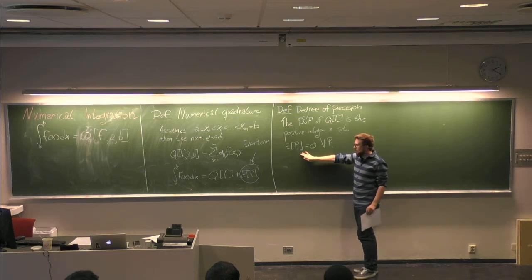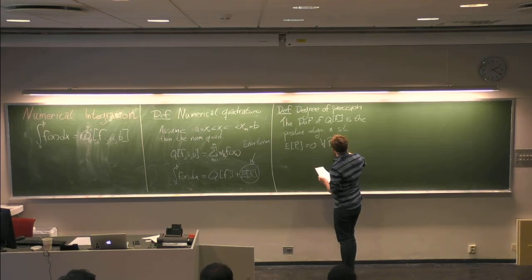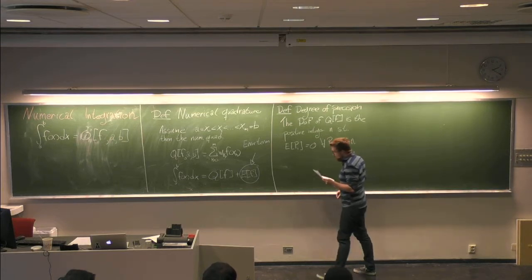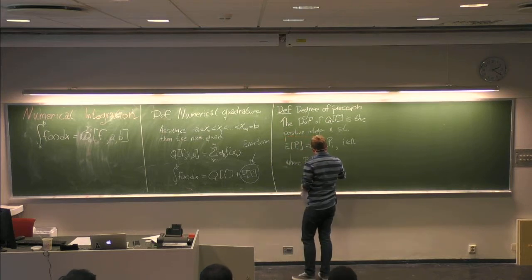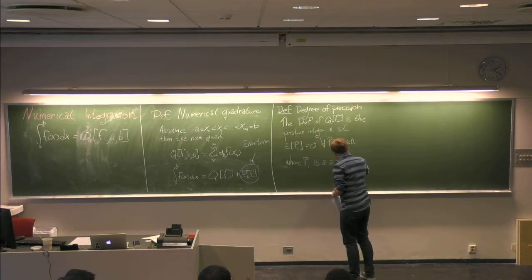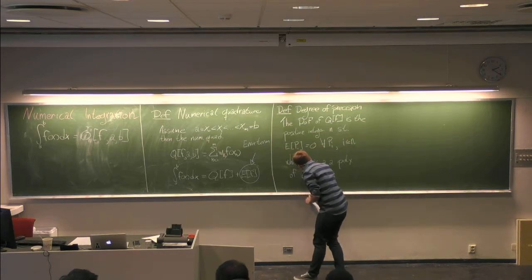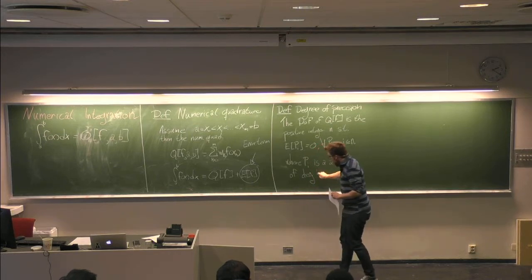Basically, this means that i has to be lower than or equal to this degree of precision, where P_i is a polynomial of degree i.